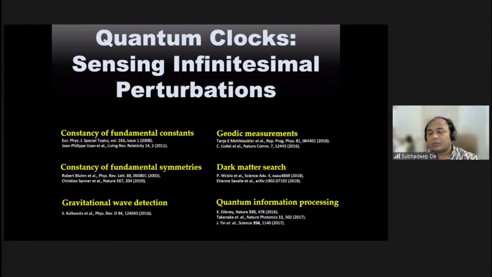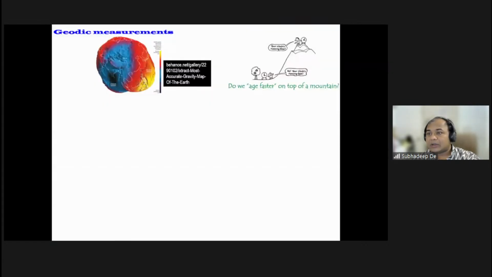Each of these topics is quite vast, so it's not possible to cover all of them in one single lecture. I have picked only a few of them. One I already explained yesterday, that is geodetic measurement, mapping the geopotential of the entire Earth's surface with 1 millimeter or sub-millimeter accuracy.